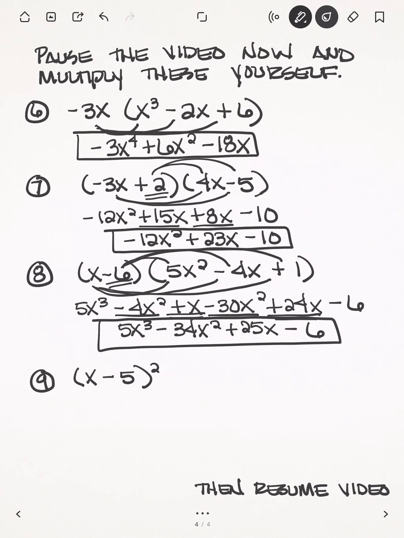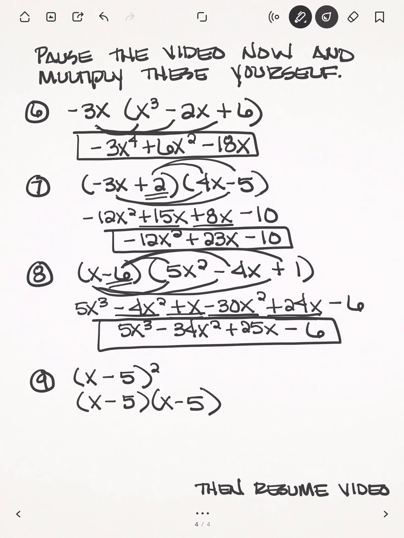Okay, number 9. Here I'm going to take my binomial squared, and hopefully you guys did not get x squared plus 25, because you totally missed your middle term. You write it twice and you say x minus 5 times itself. And then if you use a generic rectangle, you're actually going to have a square.